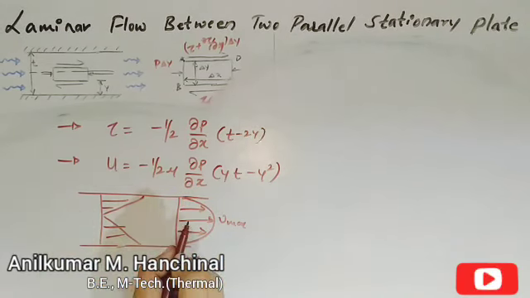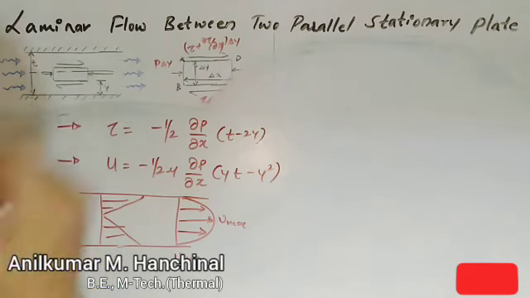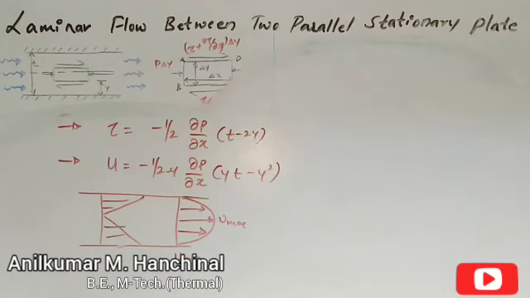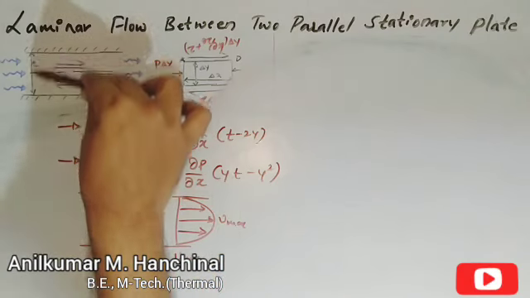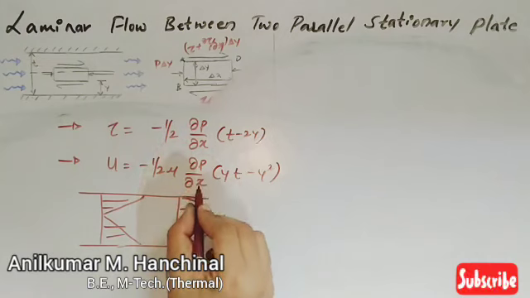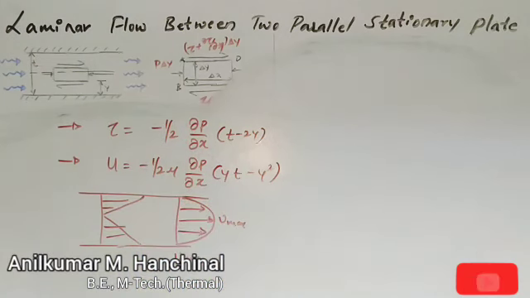The shear stress distribution is linear, whereas the velocity distribution is parabolic in nature. By observing these equations, the values vary with respect to t as well as y, whereas dou p by dou x and mu are constant terms.